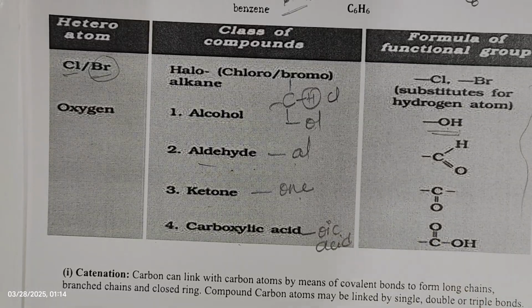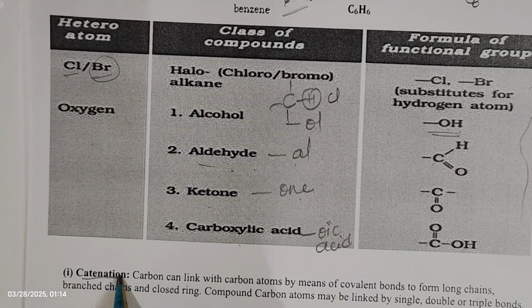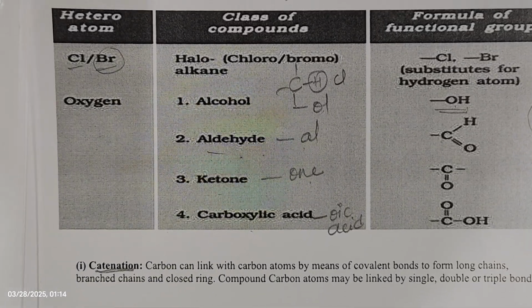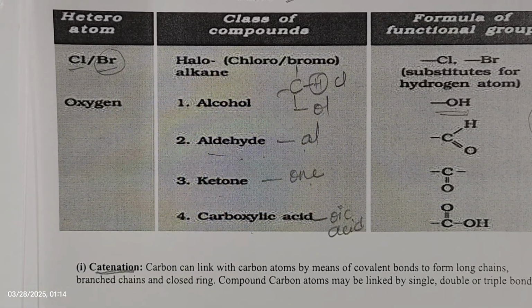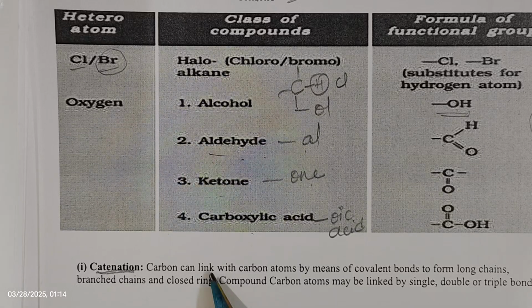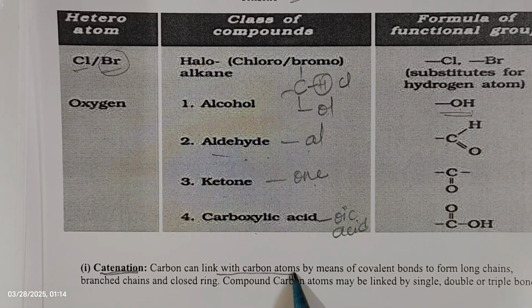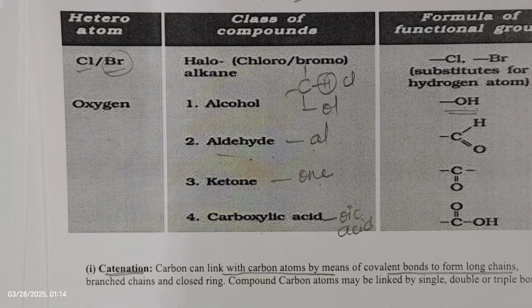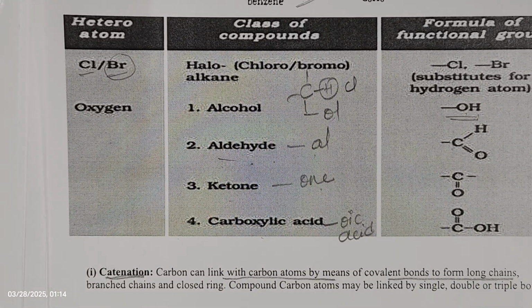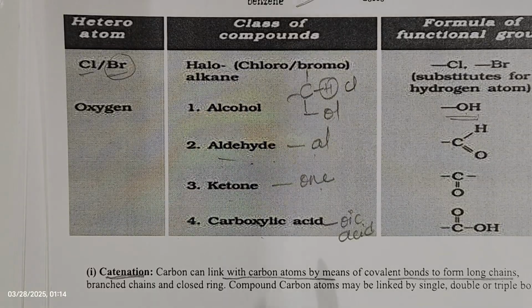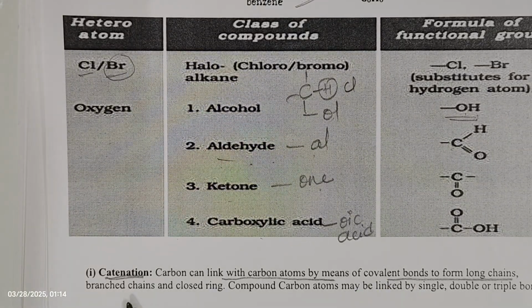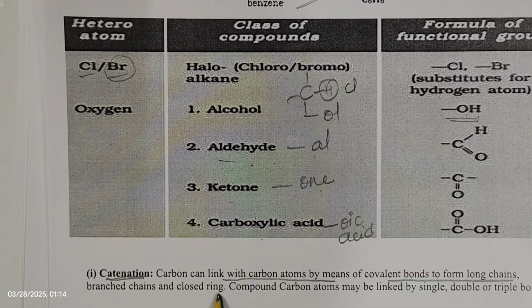Next, very important under this chapter, it is catenation. Catenation is a property of carbon. Carbon links with other carbon atoms to form covalent bonds, a long chain of covalent bonds. By linking carbon atoms one to another, they can form long chains, branched chains or closed ring structures.